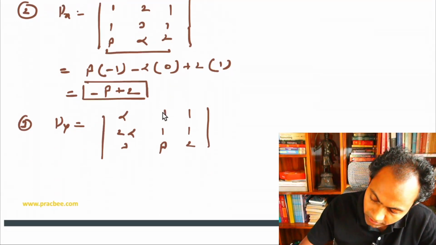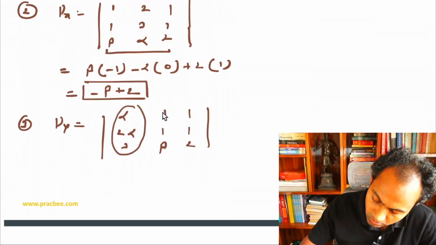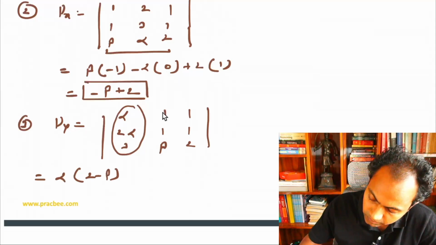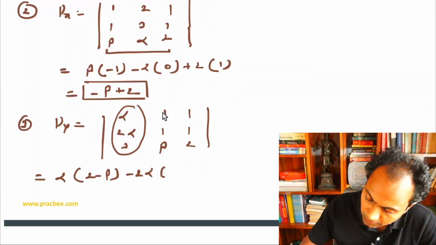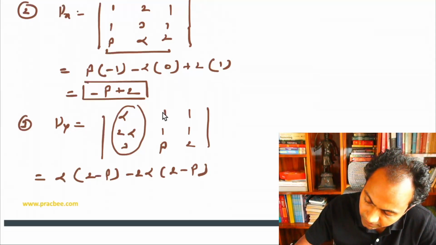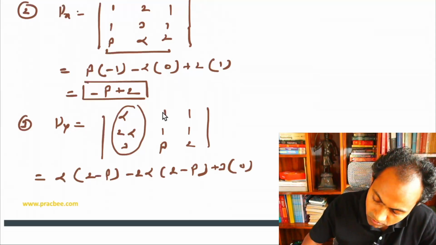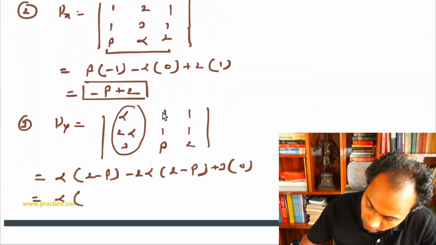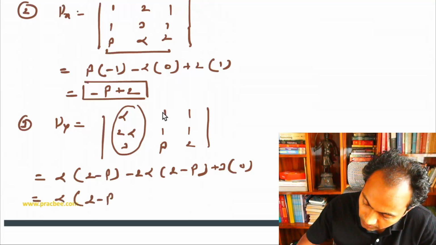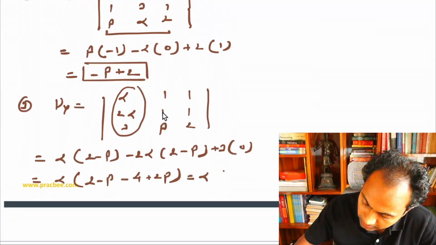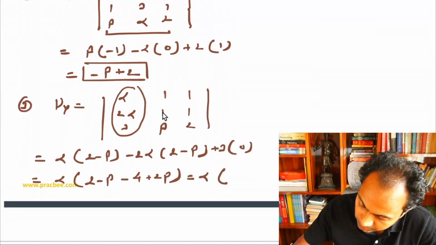So again, if I open it along this column, it will become alpha times 2 minus beta, then minus 2 alpha times 2 minus beta, and ultimately what we will have is plus 3 times 1 minus 1, this will become 0. So what we have got is alpha we can take common, 2 minus beta will come from here, minus 2 into 2 will become minus 4 plus 2 beta. So the answer for this part comes out to be alpha times minus 2 plus beta.